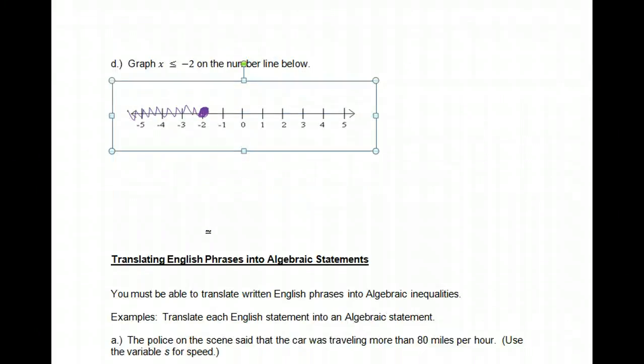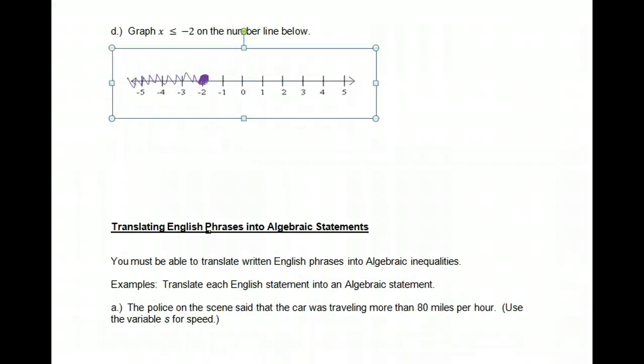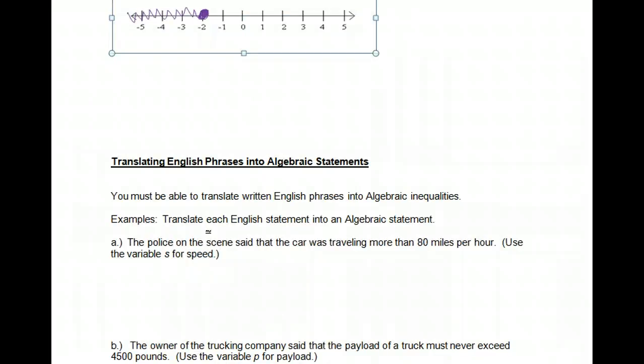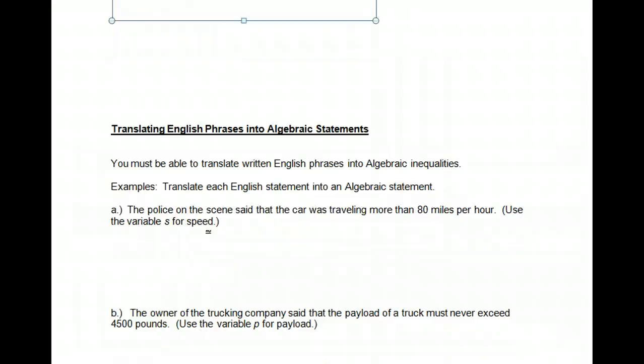At this point, we're going to move on to our next objective, which is translating English phrases into algebraic statements. It's very important that we are able to translate from English phrases into algebraic inequalities. For example, we need to be able to translate the following statement into an algebraic statement.